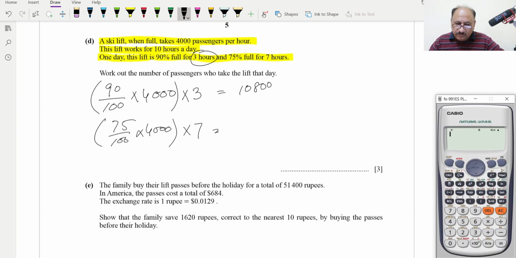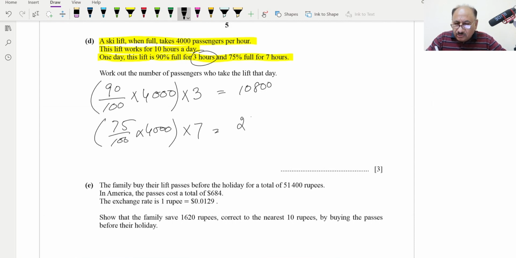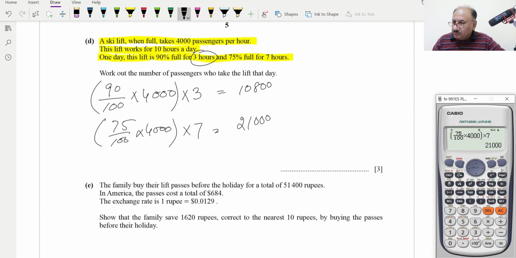And similarly we will calculate 75% of 4,000, and this will be multiplied by 7 hours, and this will be equal to 21,000. So these numbers we will be adding, 21,000 plus 10,800, and it is equal to 31,800.